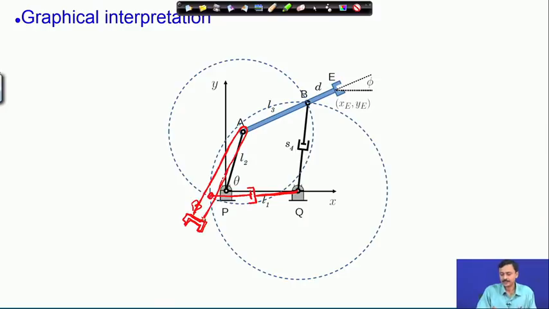So, in the red configuration, point A is fixed, remember, because theta is given. Since theta is specified, A gets fixed, and hence you have another assembly mode of this mechanism as shown by this red configuration. So, these are the two solutions.